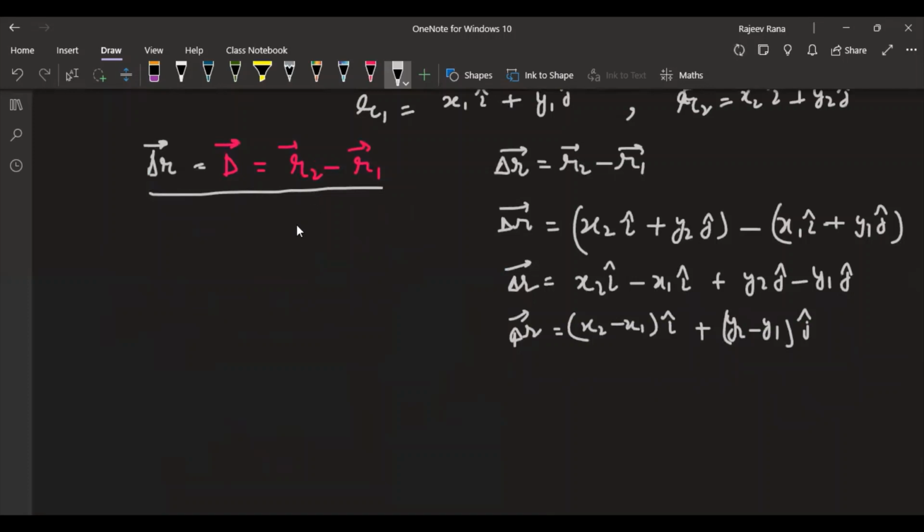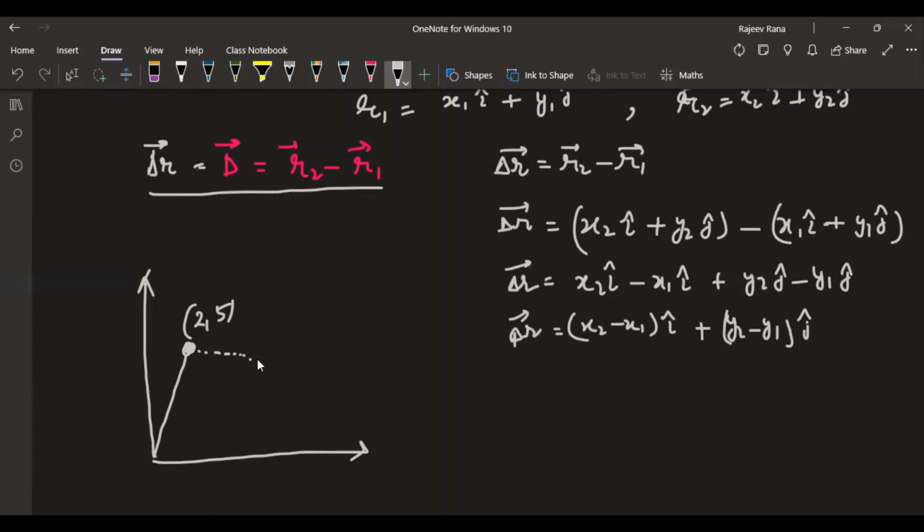Now, if I turn it into values, let us take an example. Let us say the object was here and the values are 2 and 5.